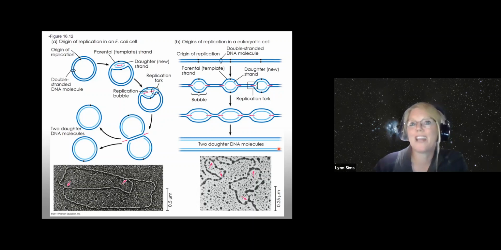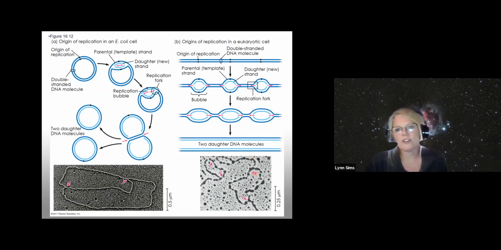And we'll explain how that happens as we go through this. I just want to mention that now, and we're going to see why later. All these arrows are pointing to the multiple replication forks that are on either side of each replication bubble. So this compares the overall DNA replication between prokaryotes and eukaryotes.